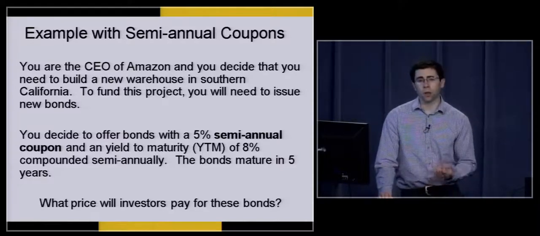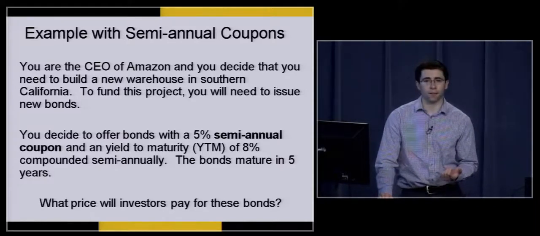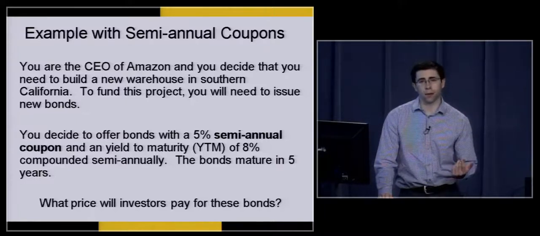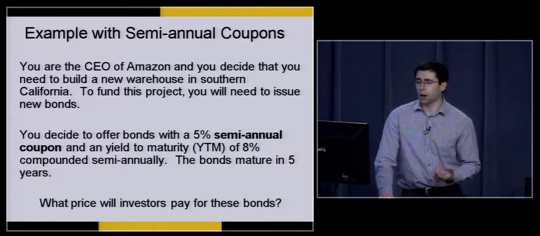Next, we're going to cut our I/Y in half because our I/Y, which is our interest rate, has to have the same periodicity as our coupon payment, which is going to occur semi-annually. So if we have a semi-annual coupon payment, we need a semi-annual interest rate. And finally, our coupon payment is going to be calculated not with a 1 in the denominator this time, but rather a 2 in the denominator.